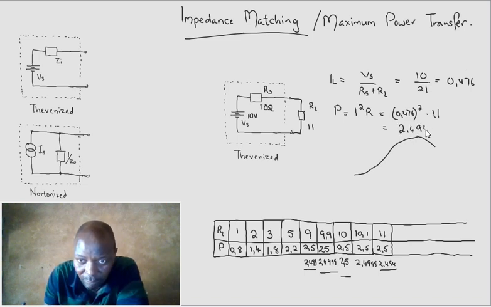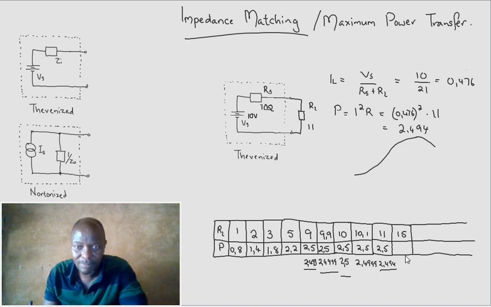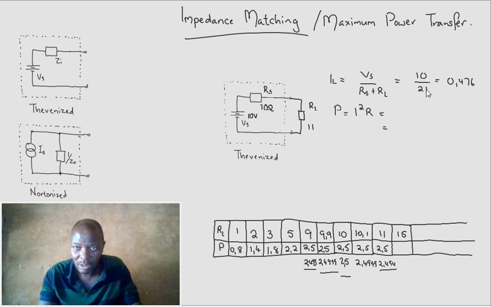Let's say I go all the way to 15. Let's see what happens. These values change. Oh, I should have just circled it all up. So this is 15.